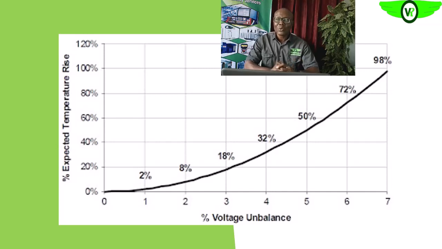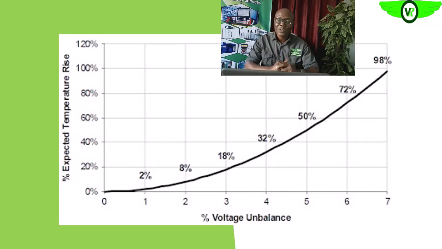And as you well know, the amount of current that flows through the winding affects the amount of heat dissipated in each of these windings, from the formula power loss equals I squared R. The effect is exponential.